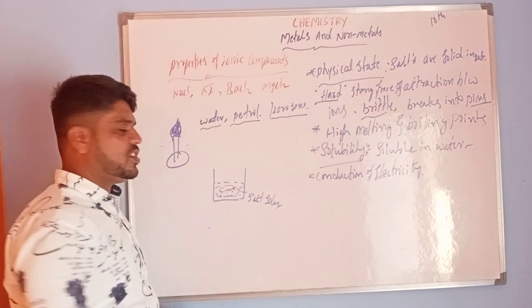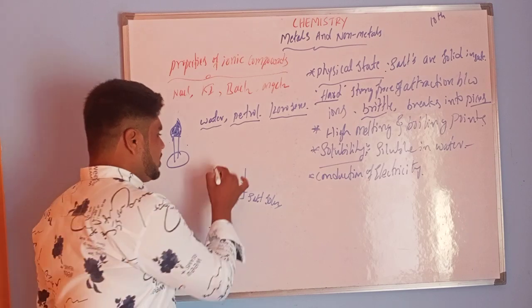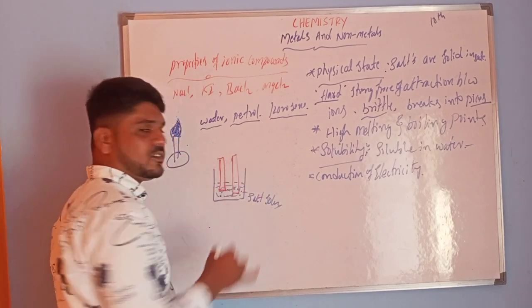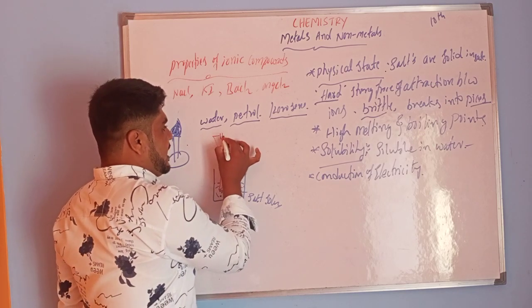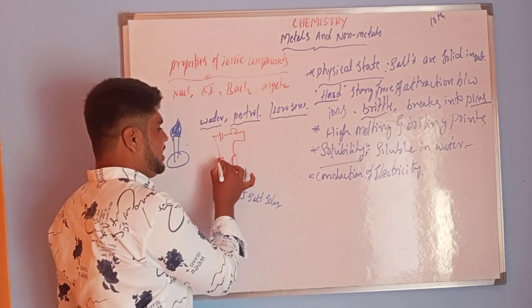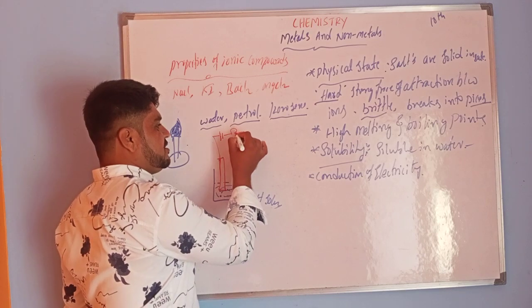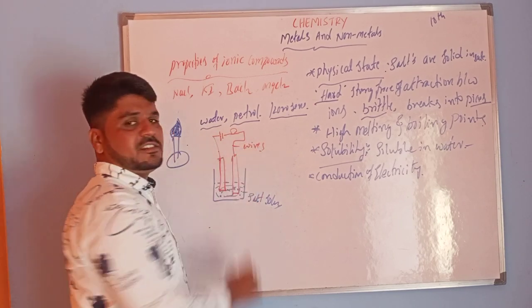In this salt solution I am going to dip two electrodes. These two electrodes are connected by a battery and a bulb. One end is connected with the battery and another end is connected with the bulb, through wires.